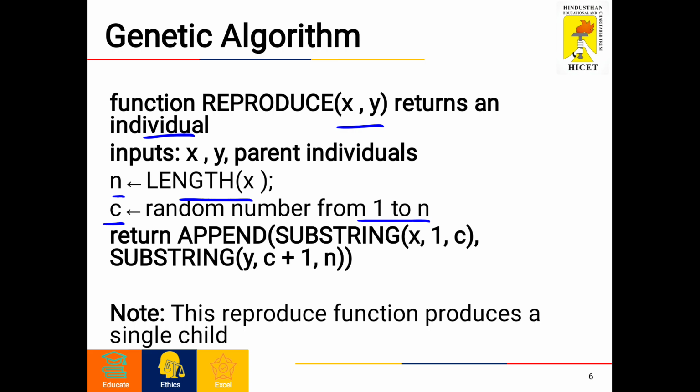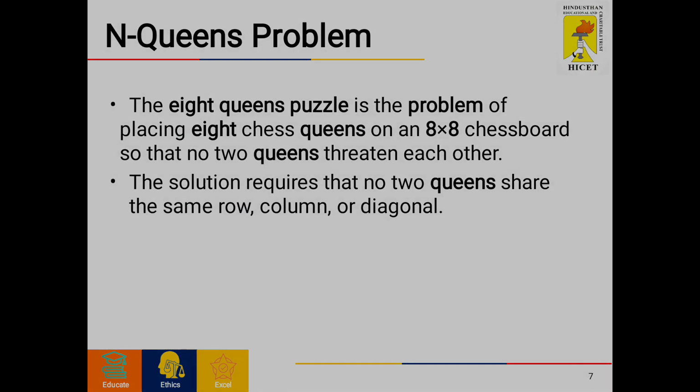Genetic information will be extracted from both parents x and y. From x, the part from the beginning till the crossover point is extracted. The second part is extracted from y, from the C plus 1th position till the end of the string. They are then concatenated with the help of an append function, so that a new child is created and returned.